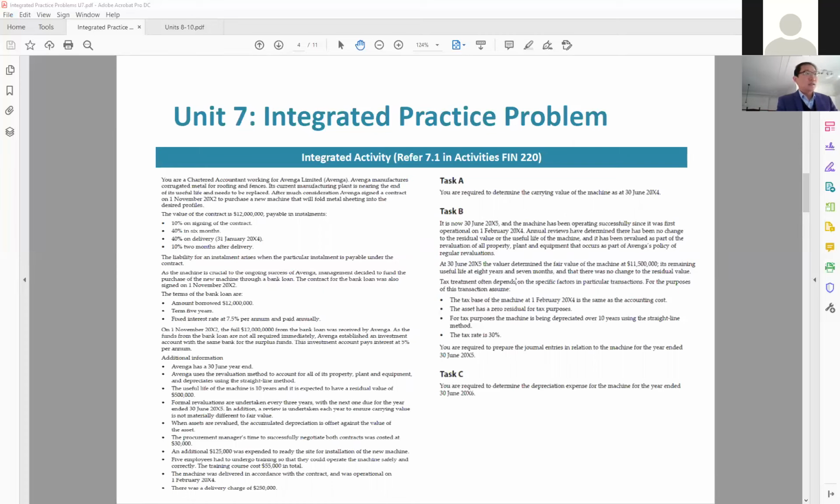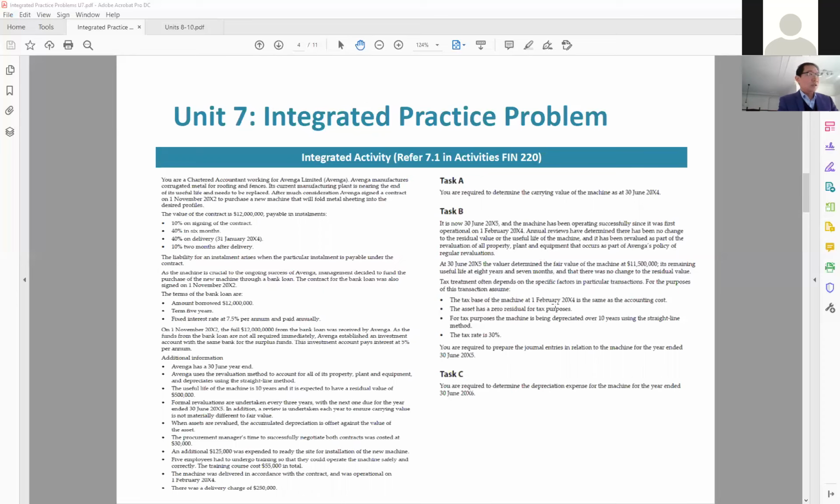If we look at tasks A, B, and C: Task A, determine the carrying value of the machine. Task B is to prepare some journal entries in relation to the machine, but with respect to the next year. And Part C looks at determining the depreciation expense for the year ended 20X6.